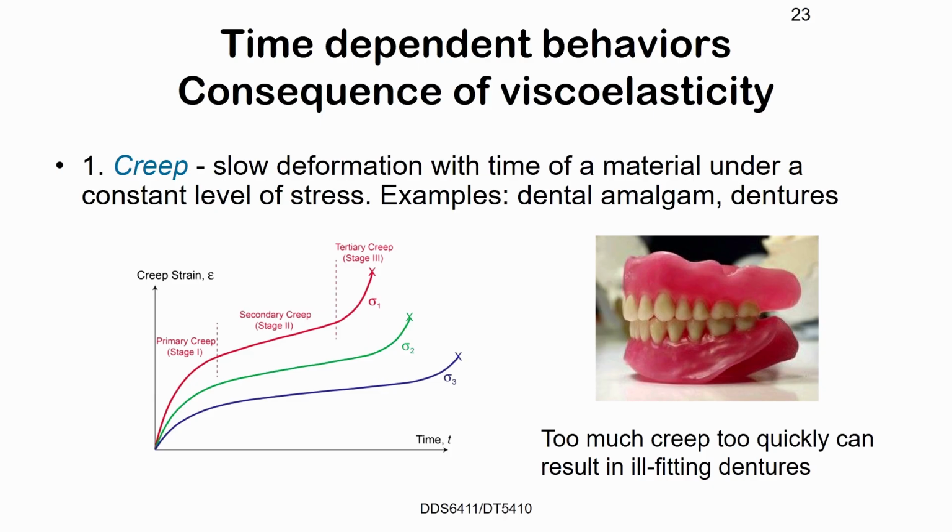If we have too much creep, a denture would deform to such a state that the patients can tell something is not right, and they would need a new one. So you need to make sure that the denture material you use has good enough resistance against creep. You can always include some reinforcement, but that would be expensive.